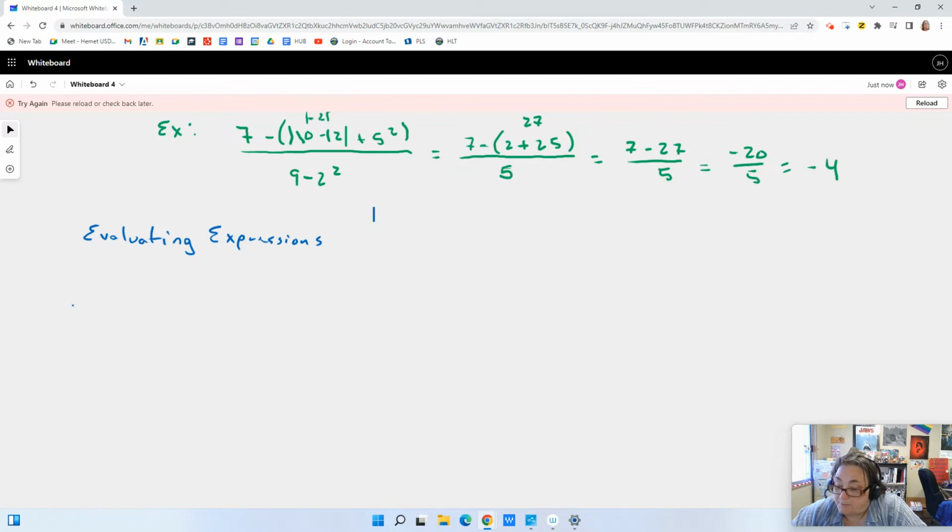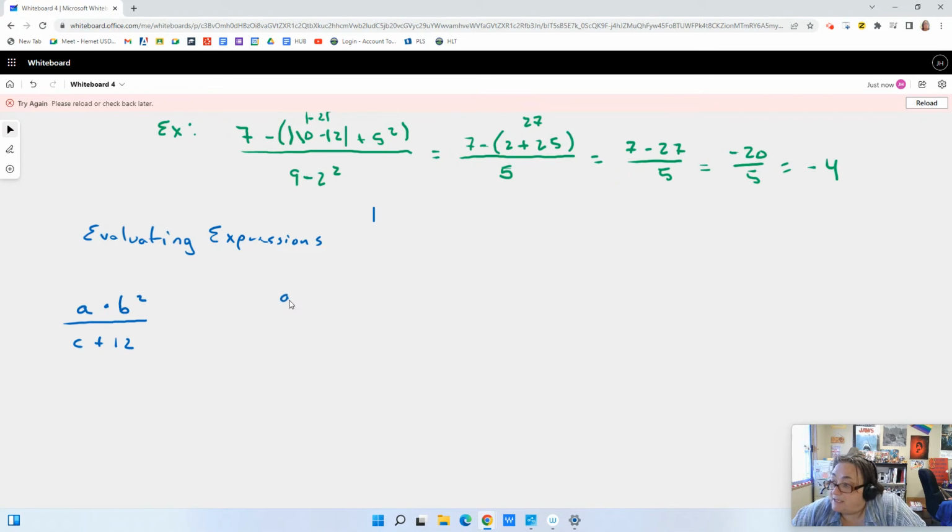So when we're evaluating expressions, if I have an expression like a times b squared over c plus 12, right? We have a lot of variables in there.